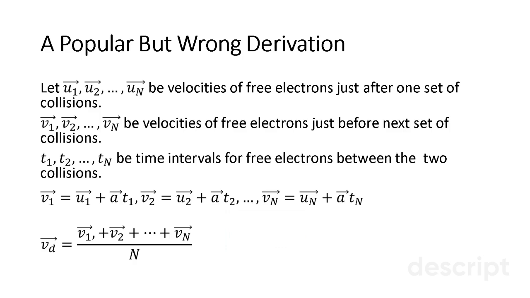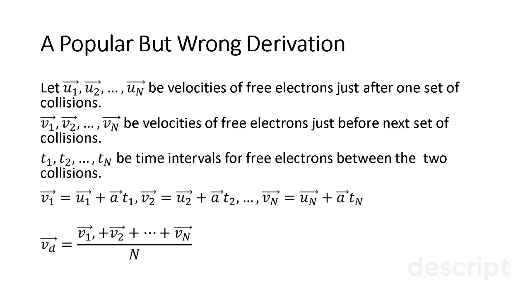Now I will show a method of derivation of drift velocity which is quite popular on YouTube, but it is wrong. This is the method. Suppose that u1, u2, u3 and so on till un are the velocities of free electrons just after one set of collisions. v1, v2 and so on till vn are the velocities of free electrons just before next set of collisions. t1, t2 and so on till tn are the time intervals for free electrons between the two collisions.